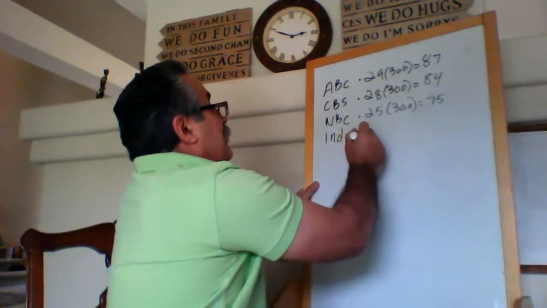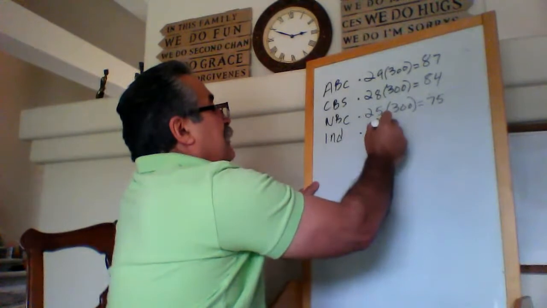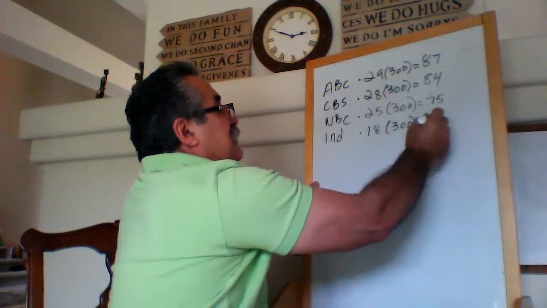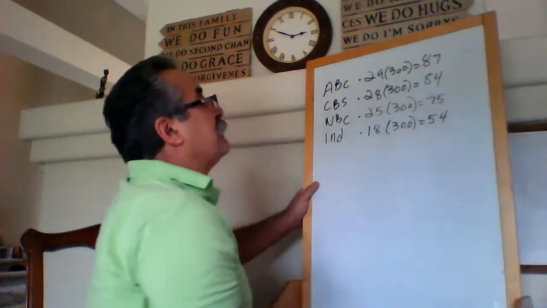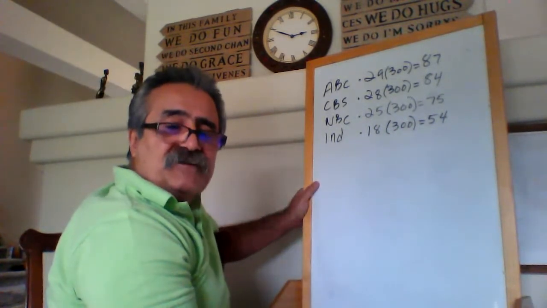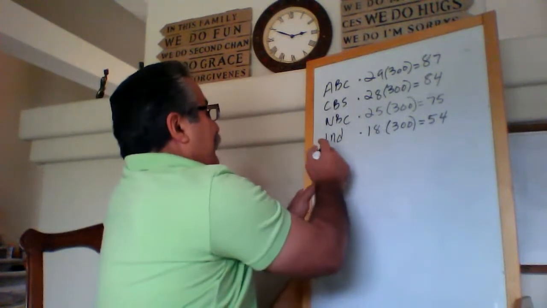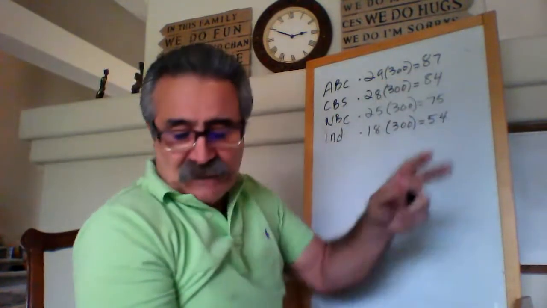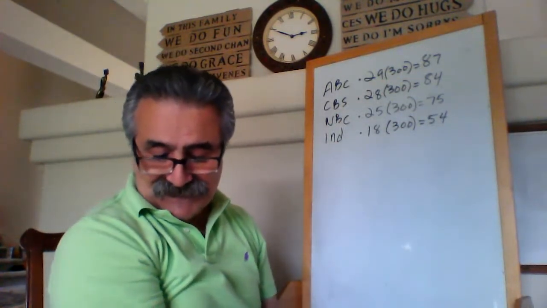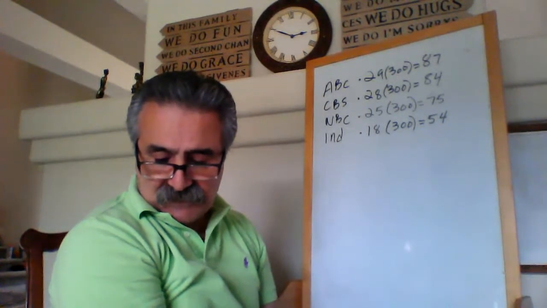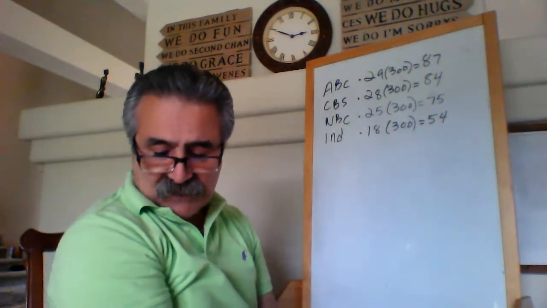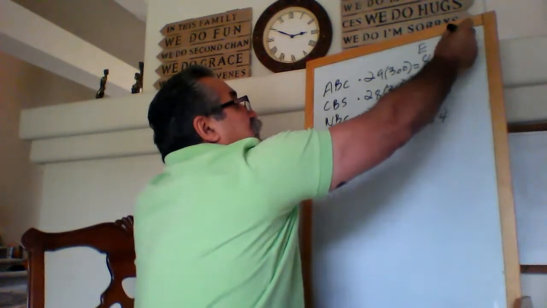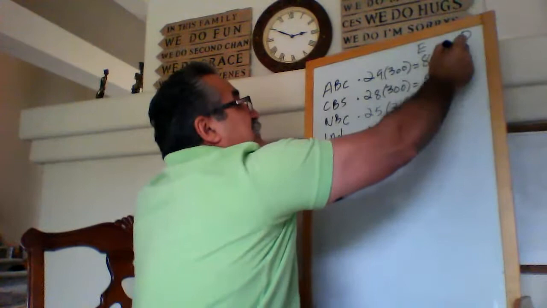And then 0.18 times 300, that's 54. So we have 4 categories. Then we go ahead and do our own samples of 300. We have come up with, these are all expected values. Now observed values. ABC is 95.